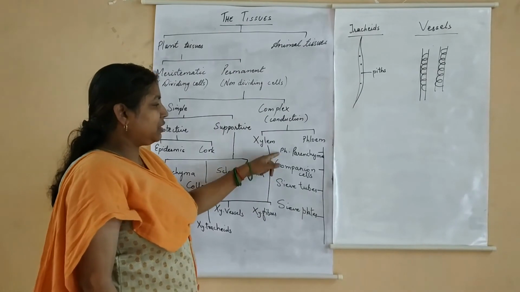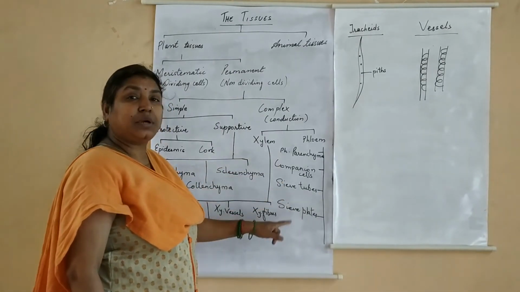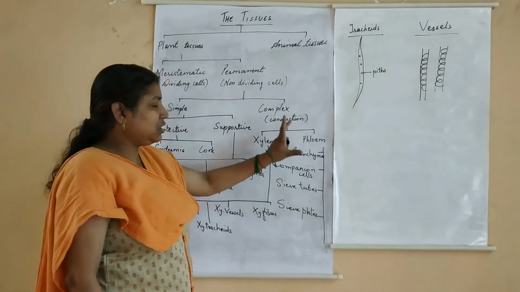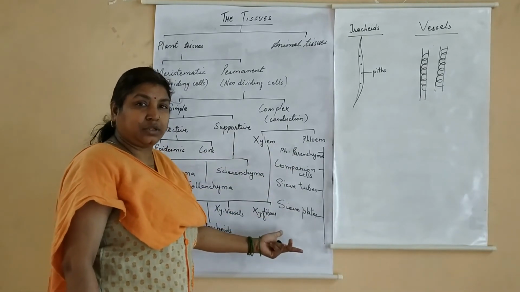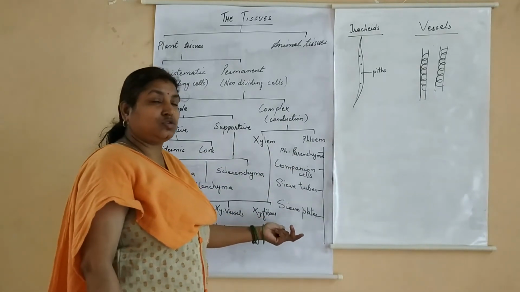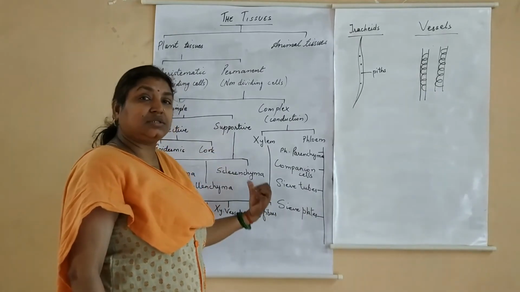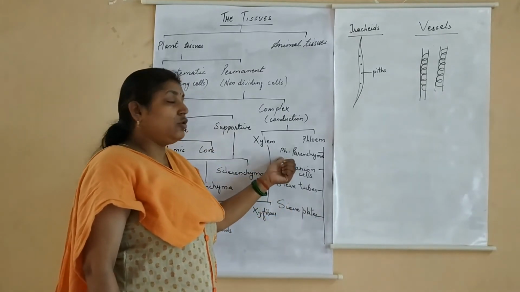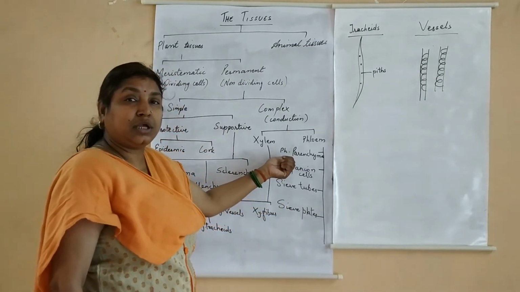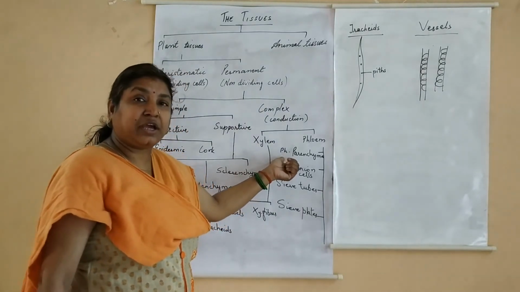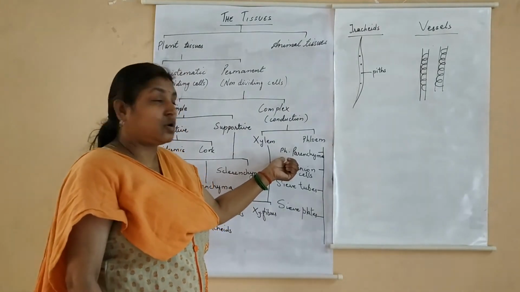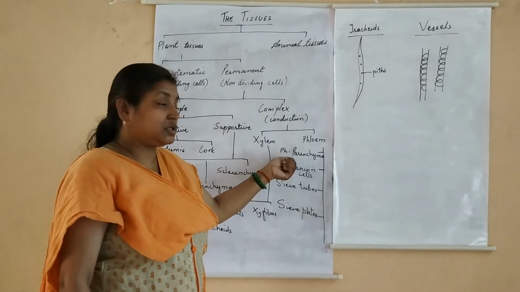So phloem parenchyma, companion cells, sieve tube and sieve plates. All these four types of tissues work together and help in translocation of food. Just like xylem parenchyma, phloem parenchyma also helps in storage. They store fats, starch, oil, all that is stored in the parenchymatous cells.